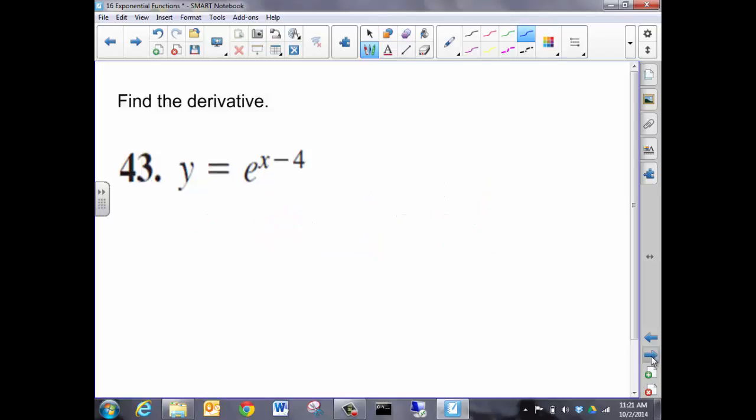e to the x minus 4, find the derivative. Same thing, because the derivative of x minus 4 is 1, so it'll be the same thing. And this is what gets confusing to some students, because the derivative is the same thing as the function. That bothers some people. Don't let it.